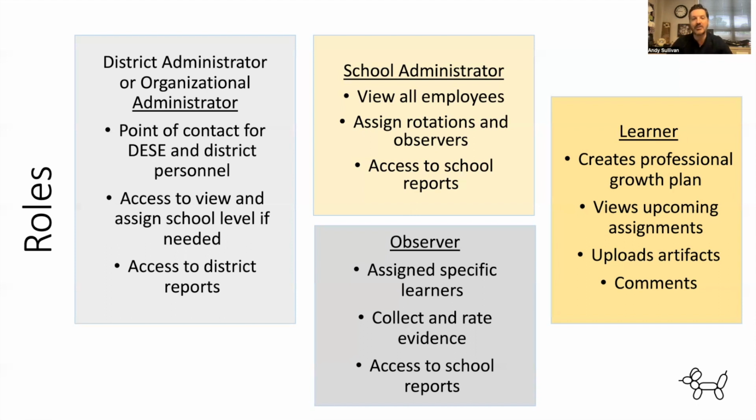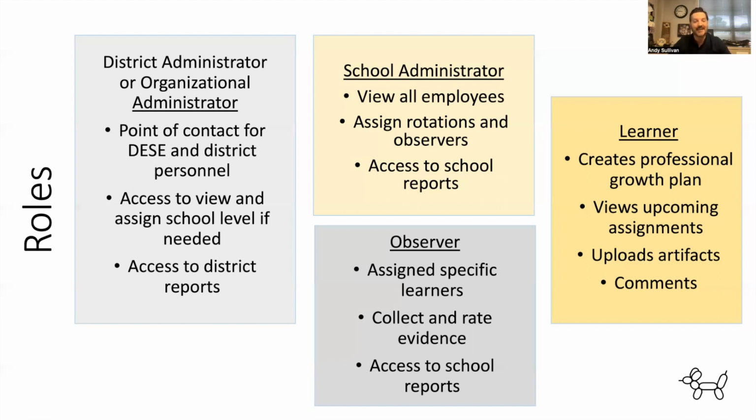And then on the right, we have our learner role. That is the person being observed. And this person creates professional growth plans, views assignments, and then uploads artifacts. And those 3 roles have not changed. What we have added is in the top center, a school administrator role.